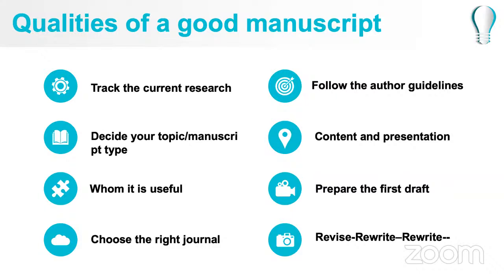Then you have to choose the right journal. Choosing the right journal is a crucial phase in the publishing process. Because if you fail to choose the right journal, you mismatch your article with the journal. Like I said, depending on the audience, depending on the language, depending on the type of your study, you have to choose the right journal.